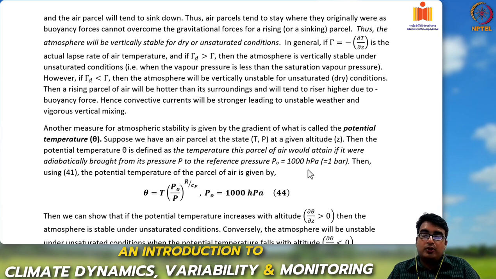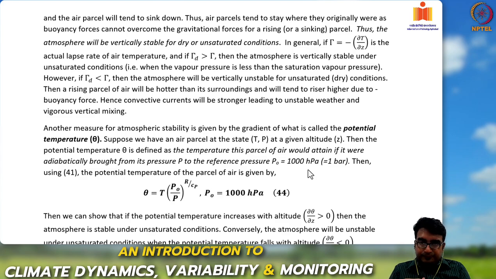So suppose we start with a given parcel of air at a certain temperature and pressure, and we do an adiabatic process by which the pressure of that air parcel moves from its original pressure P to the final pressure P0, which is 1000 hectopascals or 1 bar. Then the final temperature of this parcel of air after the end of this adiabatic process is the potential temperature value theta.